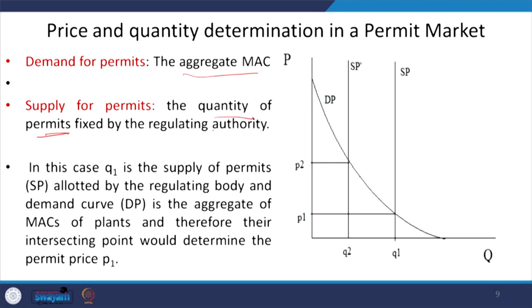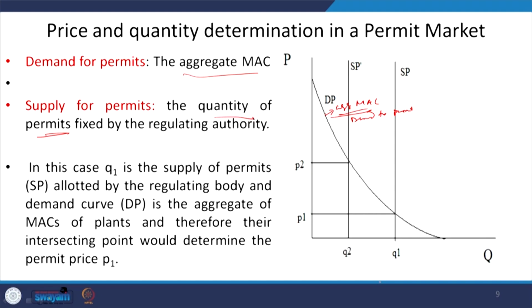So, if you are representing this in a graphical manner, this is the aggregate marginal abatement cost, which is the demand for permits, okay, and this SP is the supply of permits, which is fixed by the regulating authority: how many permits are allowed, or what is the unit of pollution to be allowed.